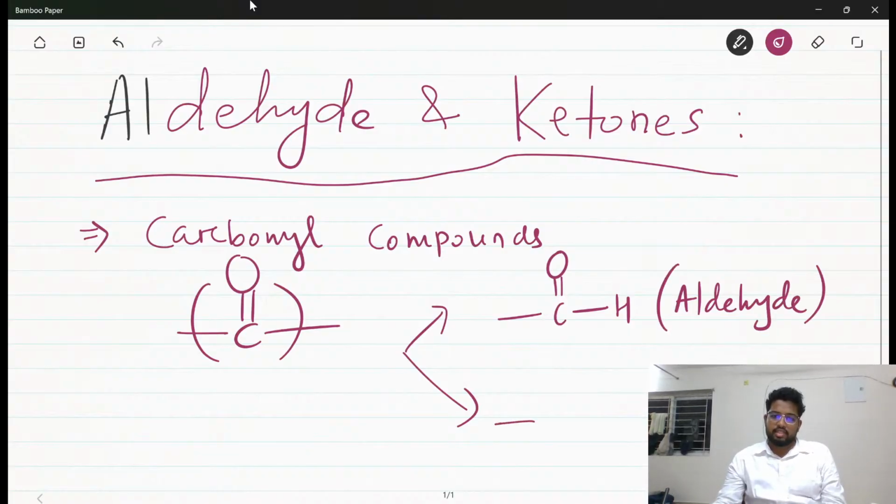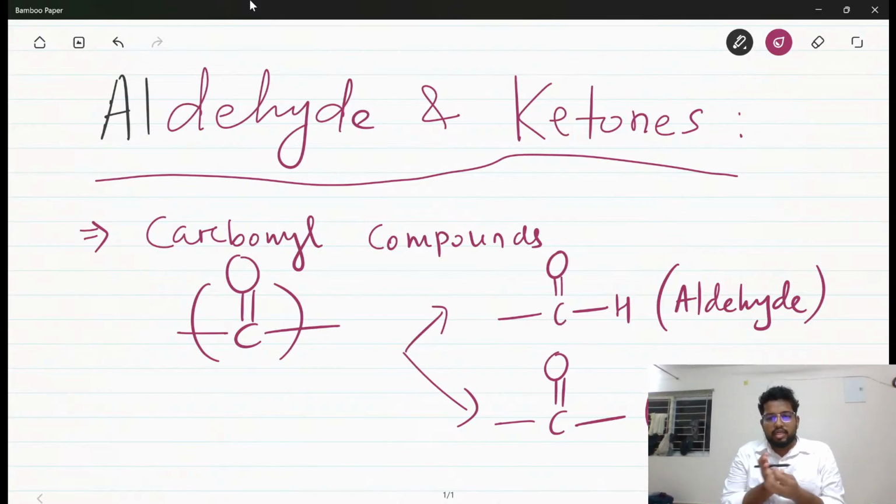And if that same C double bond O does not have anything on either side, that is called as ketone. So we clearly know what is aldehyde and what is ketone. Very simple. Aldehyde has C double bond O H and ketone does not have.